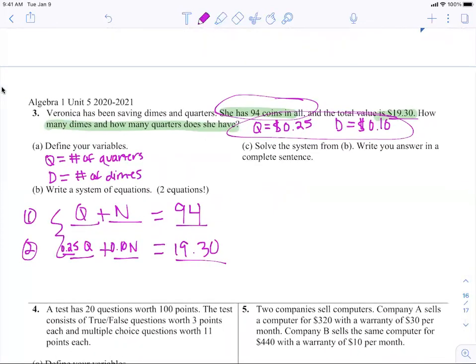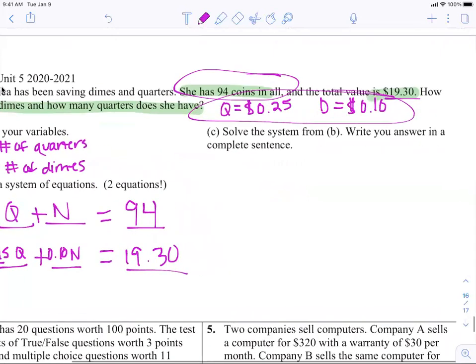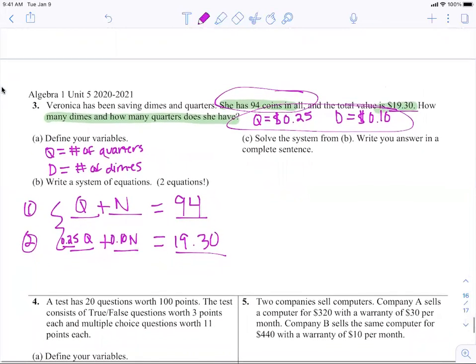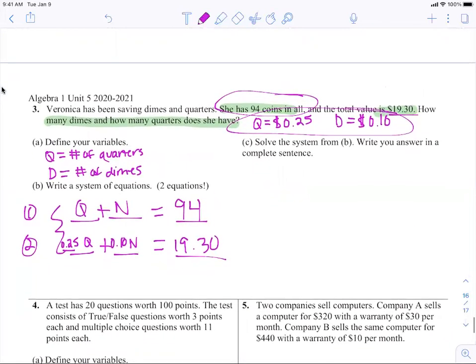And solving, really, you guys can choose any method that you would like. I think for me, substitution might be a little bit easier on this one, just because on my first equation, solving for either Q or N is easy.